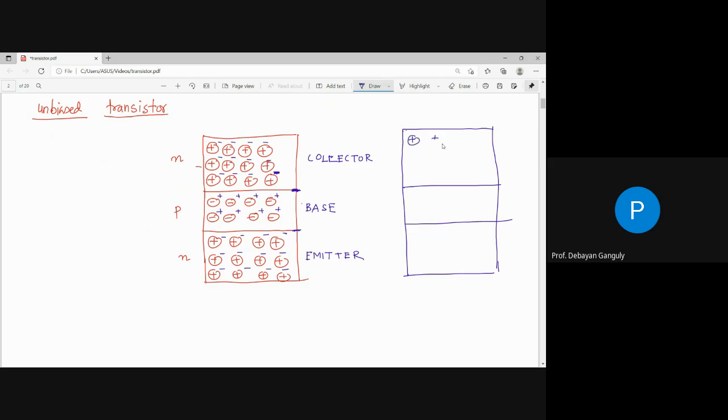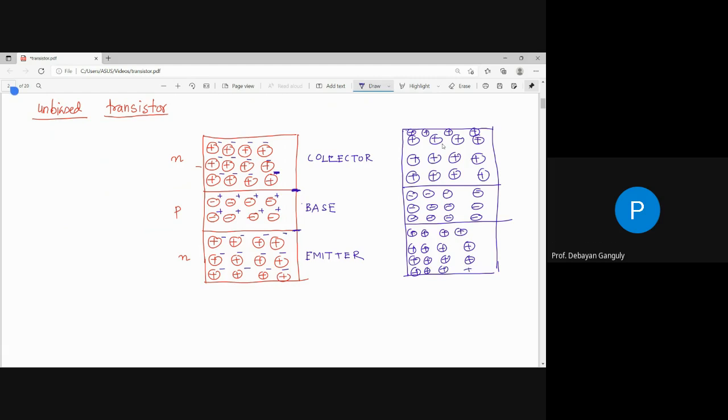This is the same representation, only the free electrons around the junction will cross the junctions and move to the opposite side. It will be better if I take another line, then it is more relevant. This will be positive, and the representation is like that.